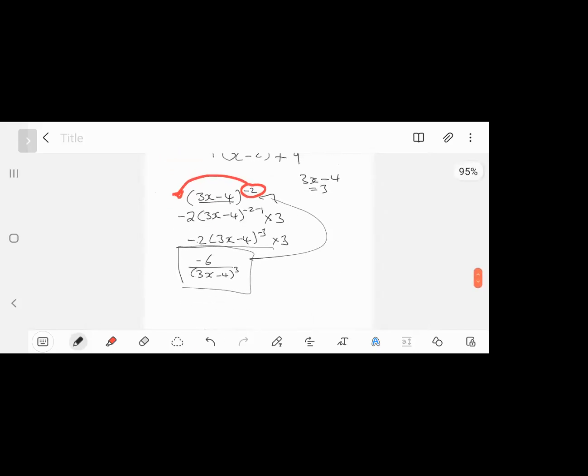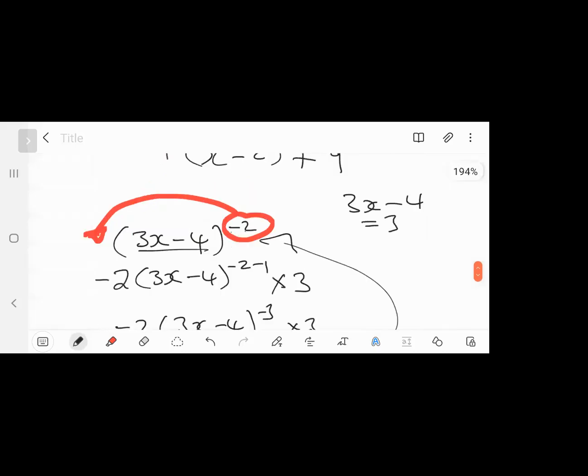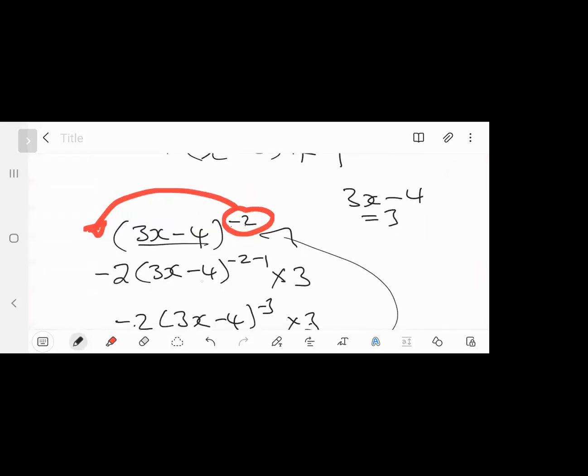You derive the thing and then you multiply by the derivative of what is inside the bracket. The derivative of 3x minus 4 is 3, so I will multiply by 3.